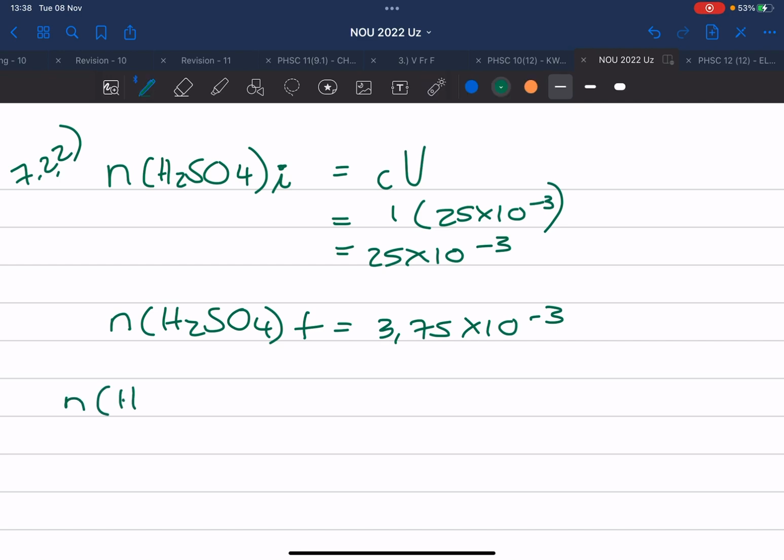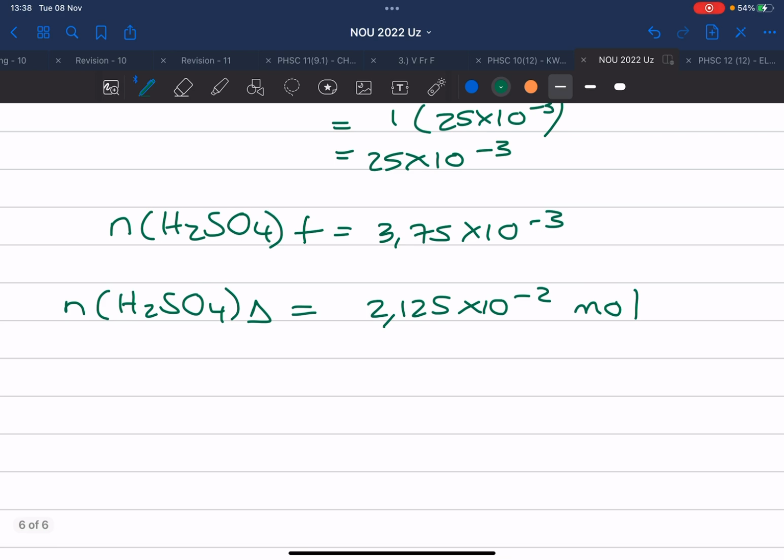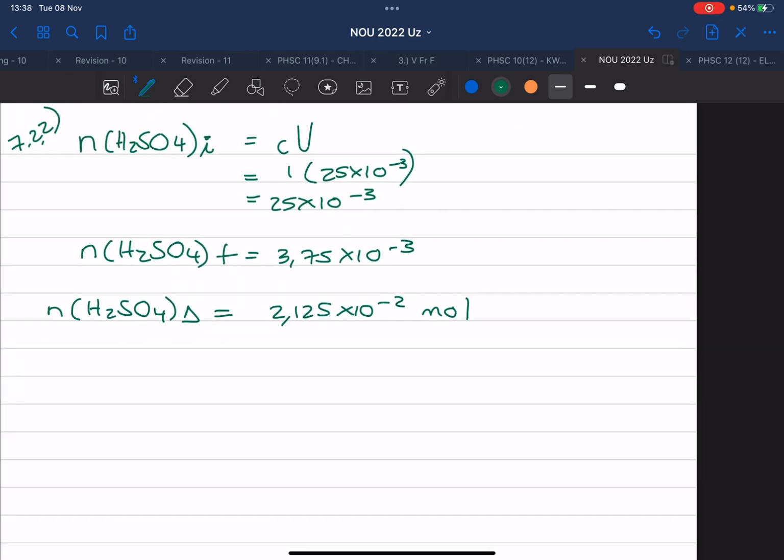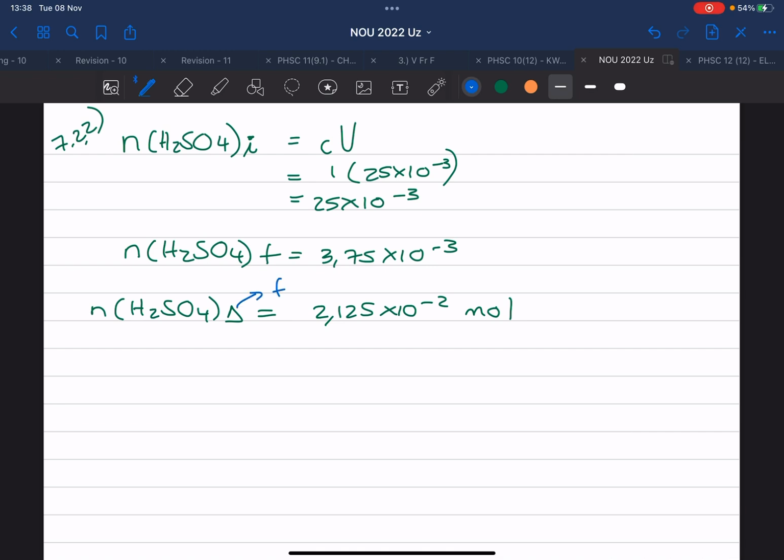So the mole of sulfuric acid that has reacted, hoeveel het gereageer, gaan wees 2,125 maal 10 tot die mag minus 2 mol. Ek het nou gesê initial minus final.